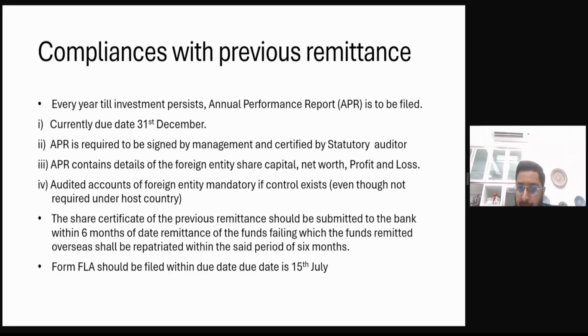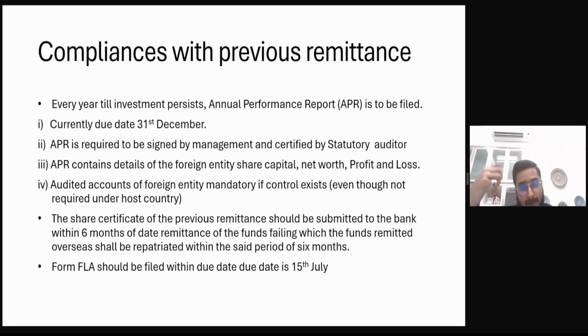You can mention that in your certificate. But if control exists, if the Indian company has more than 10% shareholding in the foreign entity, he will have to get his accounts audited, whether it is applicable in his country or not. He'll have to get his accounts audited in his country only, and he'll have to send the audited financial statements to the Indian entity.